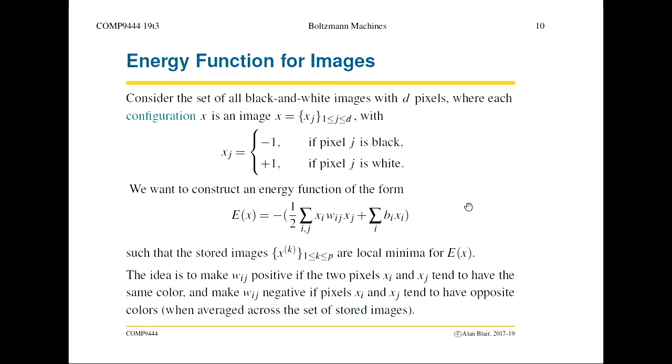If wij is negative, that means that images for which those two pixels have opposite colours will have lower energy, right? So this wij should be a measure of somehow the correlation between those two pixels, not in a single image, but across the set of images that we want to store. The example I showed you, we only stored 3 images, but we could store several hundred images if we have a big enough network.